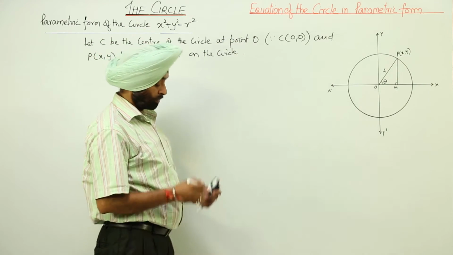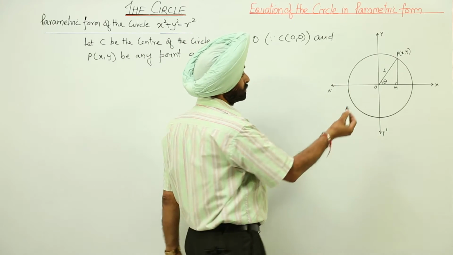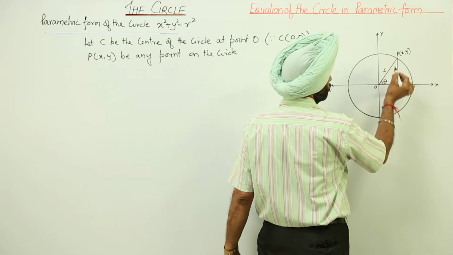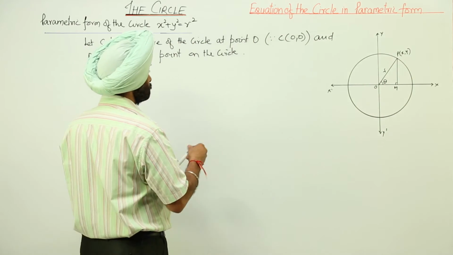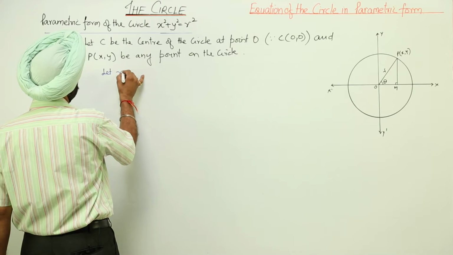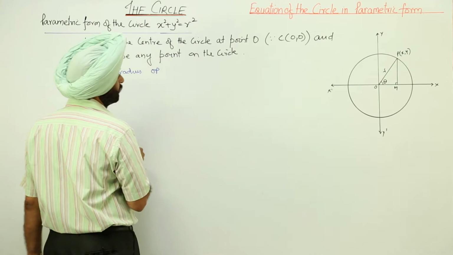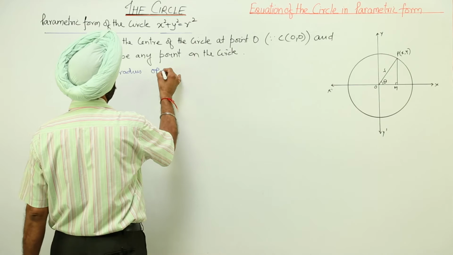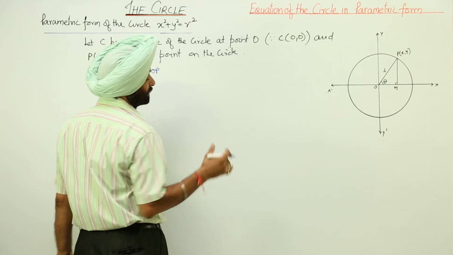First condition. Now, we are having OP as a radius. We have just drawn a point P here and now OP becomes a radius. Let radius OP, or CP, you can write it CP.